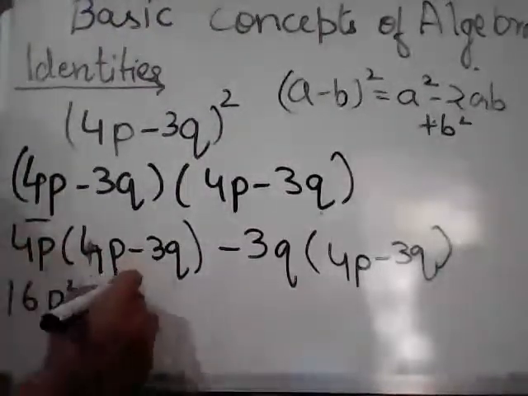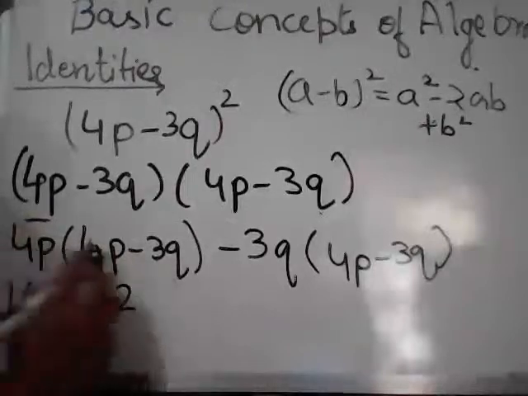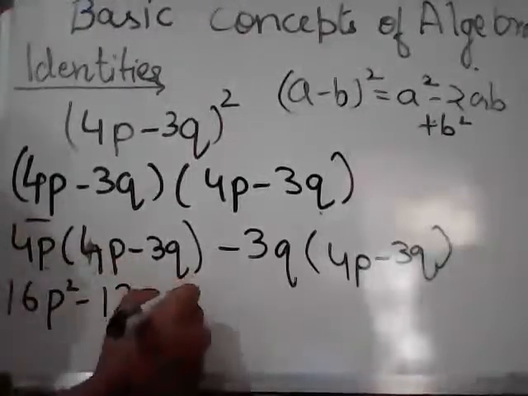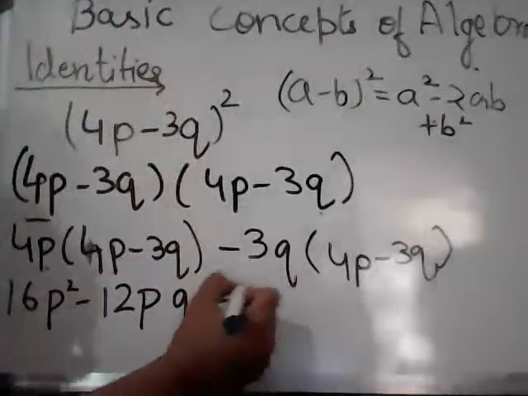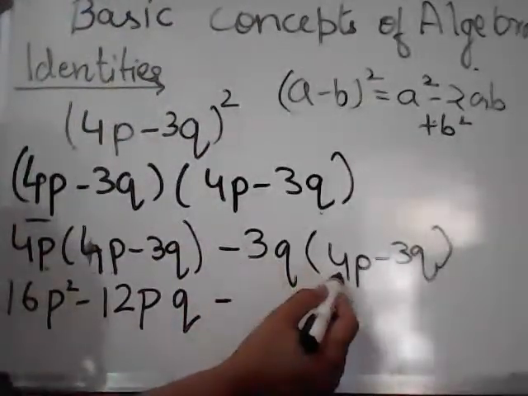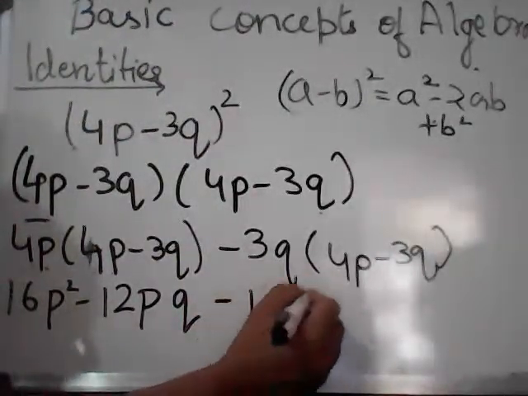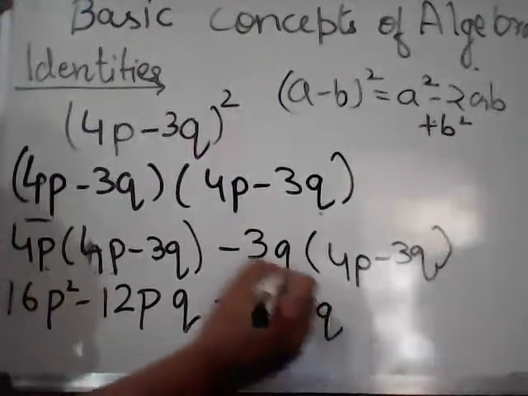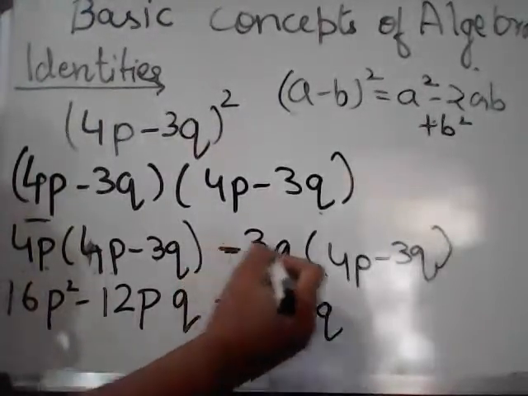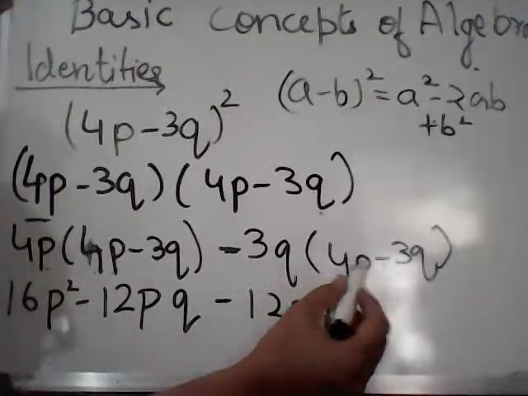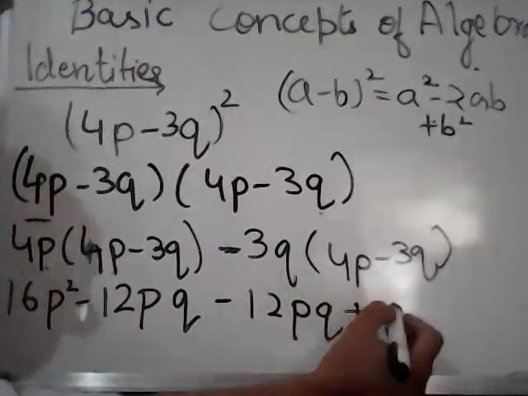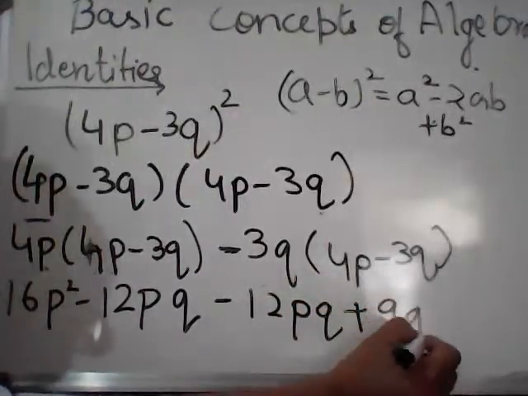Minus 4p into 3q will be 12. We multiply coefficients and we write variables as they are. Minus 3 into 4, 12, 12pq. We will put a minus sign as we have a minus sign outside the bracket. Minus 3q into minus 3q will be plus 9q square.